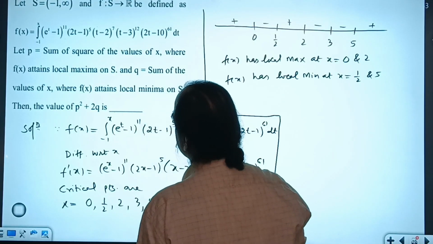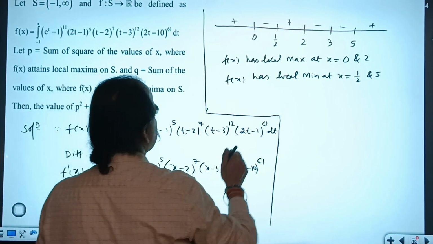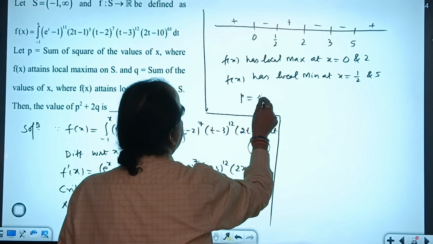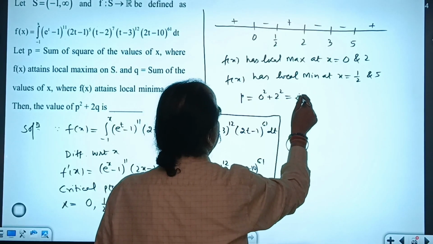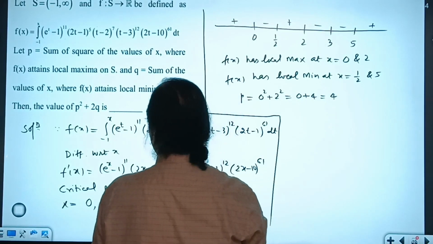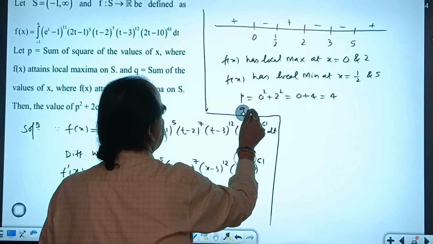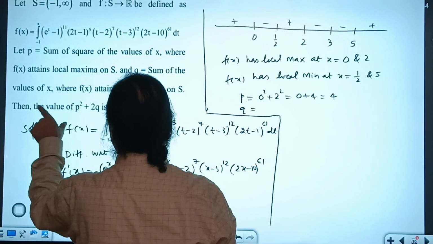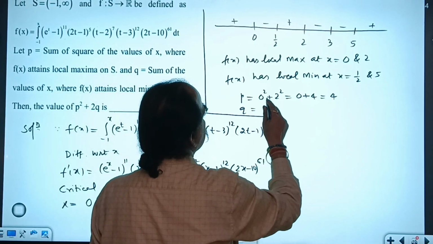Now we want P, the sum of squares of values of x where f(x) attains local maximum. P is the sum of squares. And Q is the sum of values of x where f(x) attains local minimum.